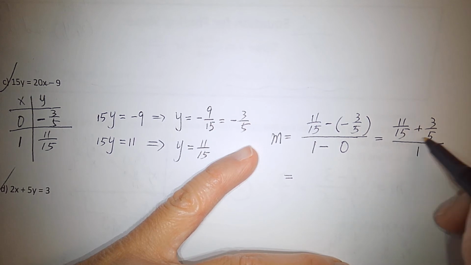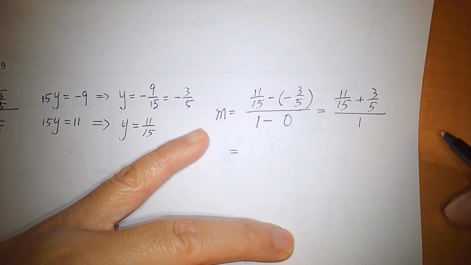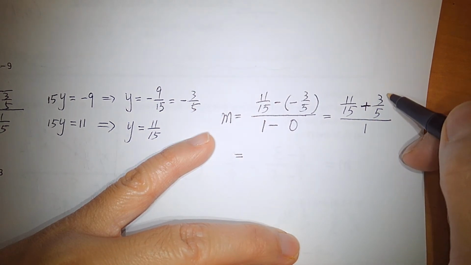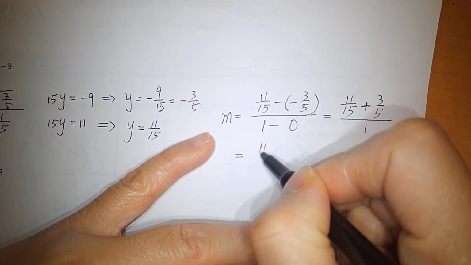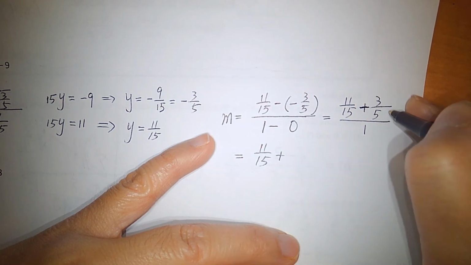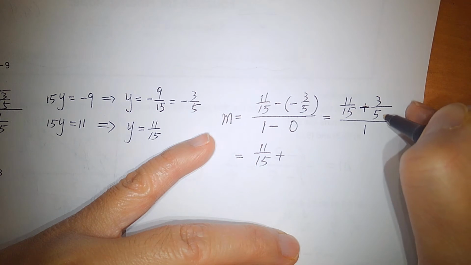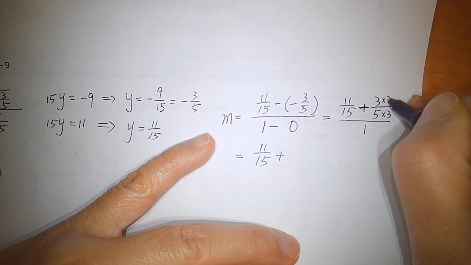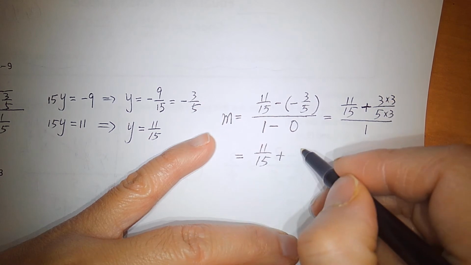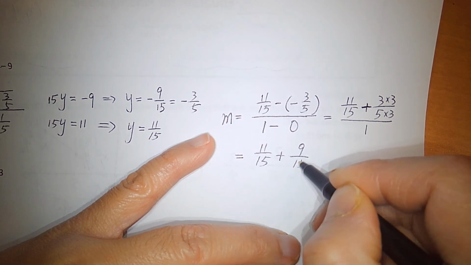How can we add these two fractions? Make the second fraction have denominator 15. Times by 3 on both top and bottom. We should have 3 times 3, 9, out of 15.